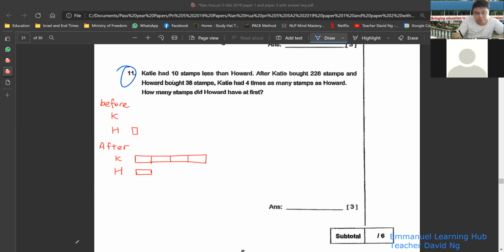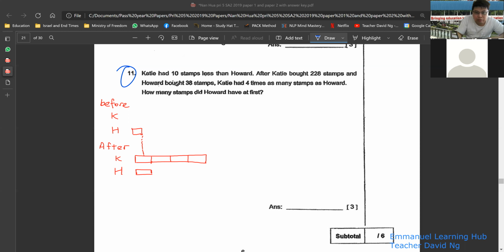Yes. Howard cannot be so small because Katie had 10 stamps less than Howard. So what I need to do is lengthen Howard a little bit, but it has to be shorter than here. Okay, makes sense? Yes.